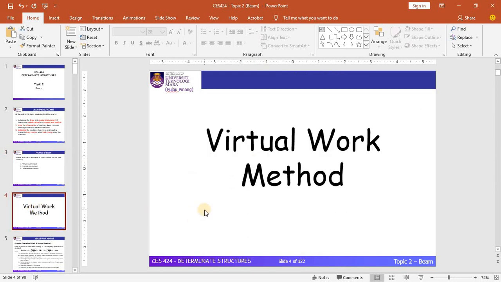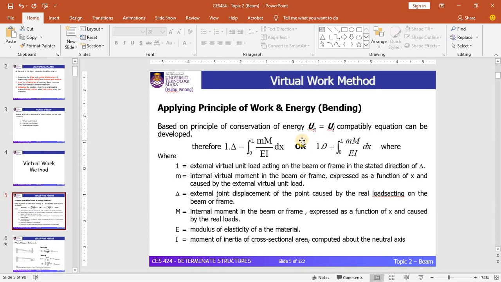In this method, you have two equations: the equation of displacement and the equation of rotation. The equation of displacement can be seen here: 1 unit load multiplied by delta equals the integration of small m multiplied by capital M divided by EI.